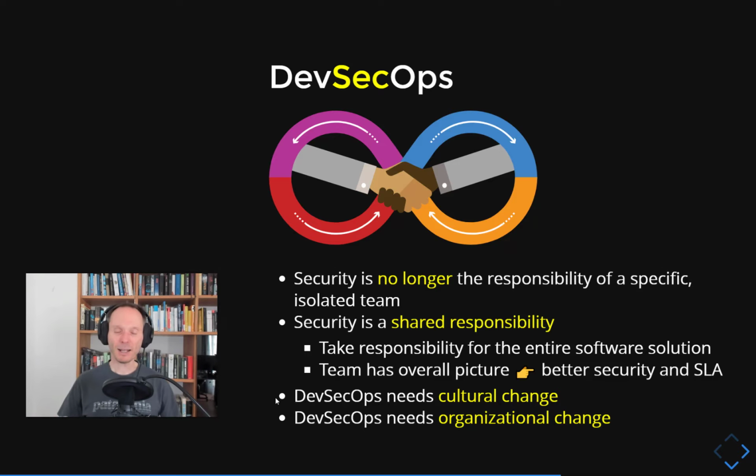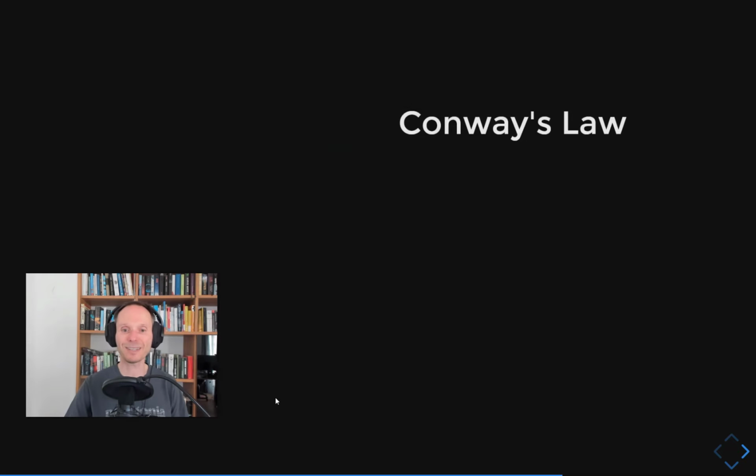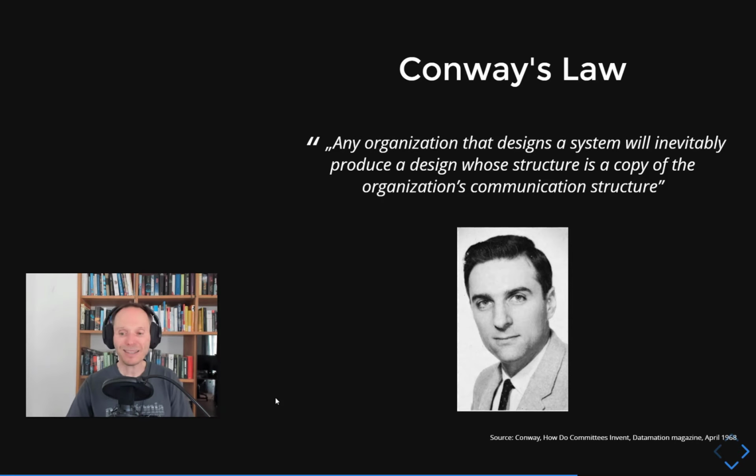And an organization that is very much oriented in this classical silo way of doing things will produce software and will use cloud in a way that is also reflecting their organizational principle. That's not a new thing. That was already known in the 1960s when a guy named Conway stated this law.